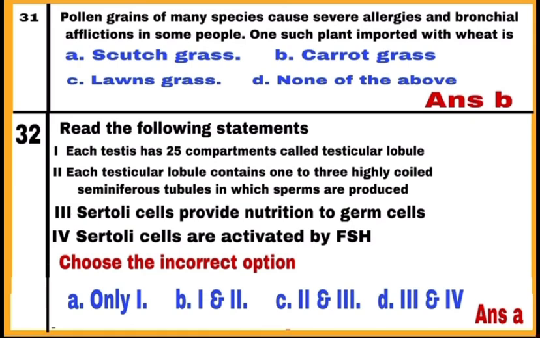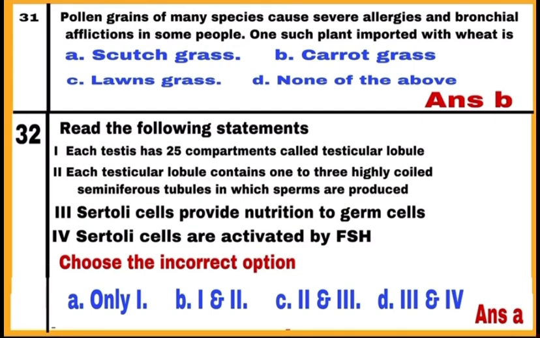Question 32. Read the following statements and choose the incorrect statements from the given 4 statements. Statement 1. Each testis has 25 compartments called testicular lobules. This is wrong. Each testis has 250 compartments called testicular lobules. Statement 2.